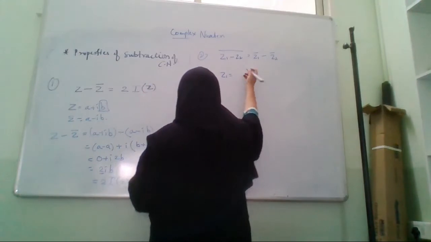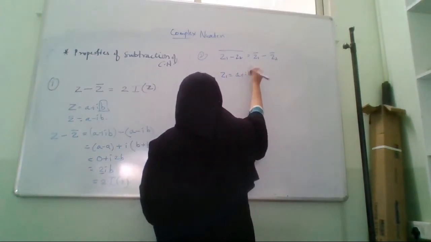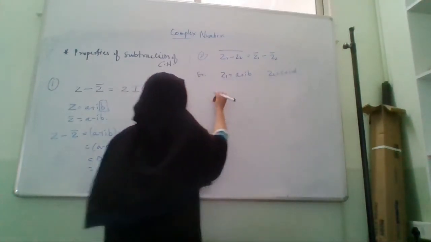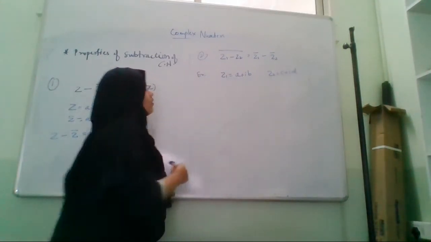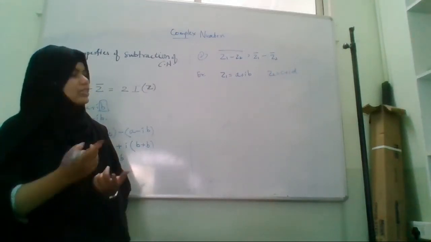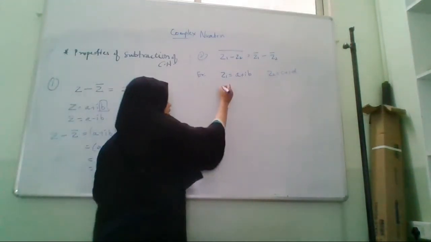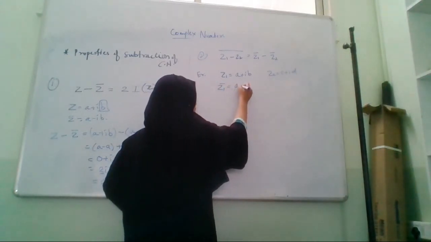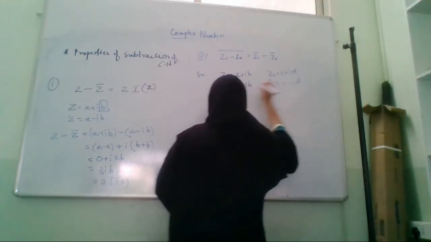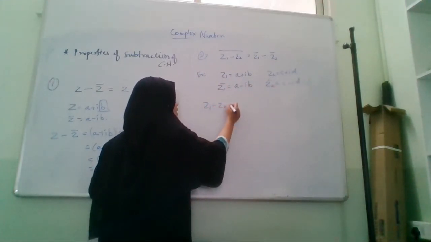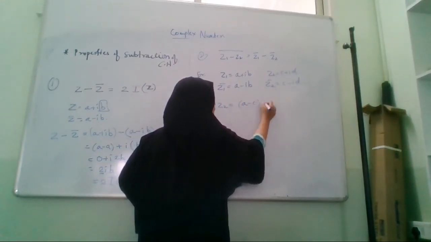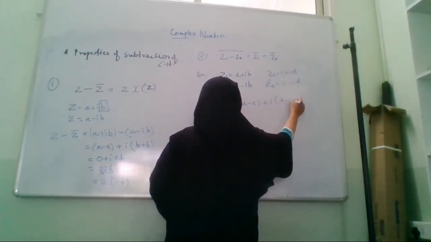Let z1 be a plus ib and z2 be c plus id. Now we will require z1 minus z2, its conjugate, z1 conjugate and z2 conjugate. So z1 conjugate is a minus ib, z2 conjugate is c minus id. Also we require z1 minus z2. So z1 minus z2 will be a minus c plus i times b minus d.